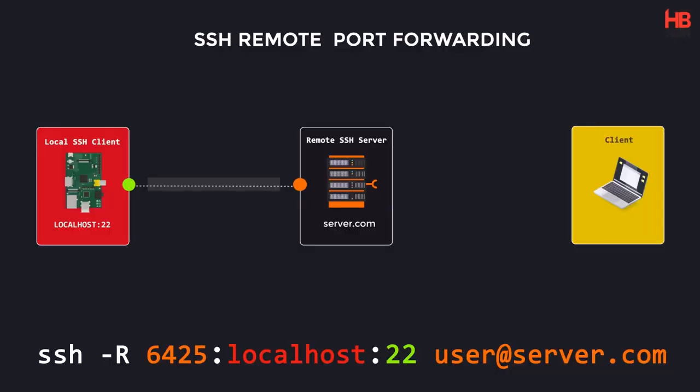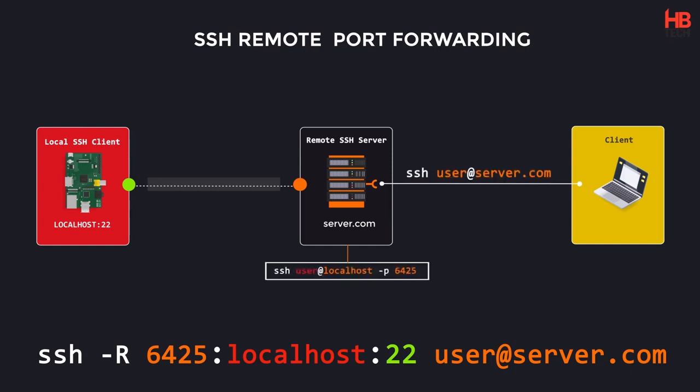One of the ways to access the dropbox through the server is you can SSH into the server and then into the dropbox, by running SSH into localhost at a particular port, through which we can access our dropbox.